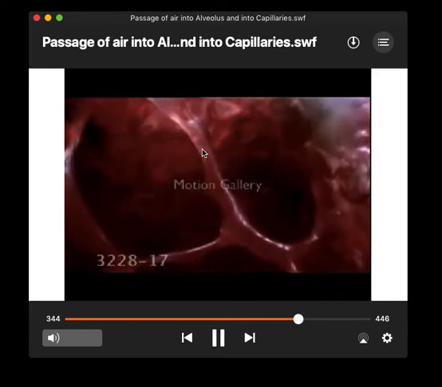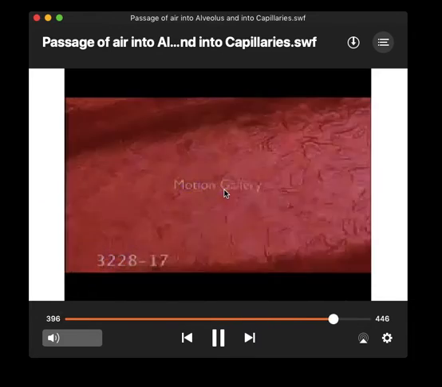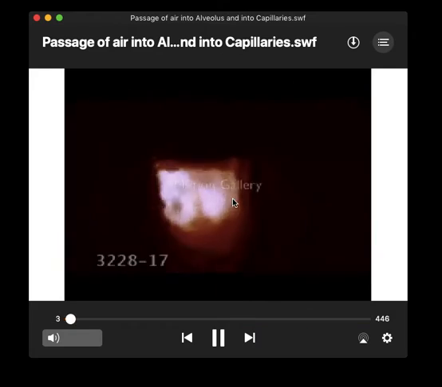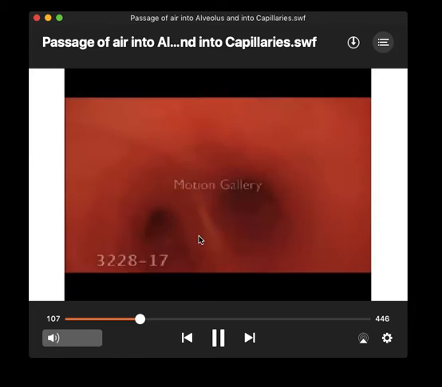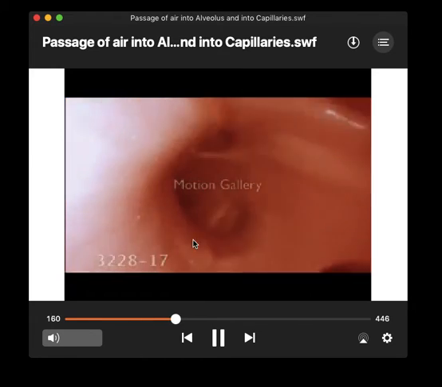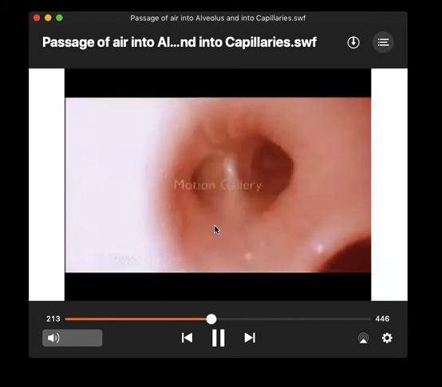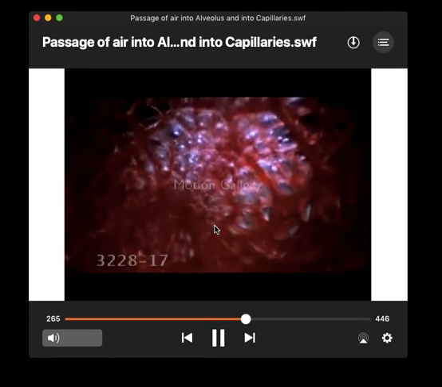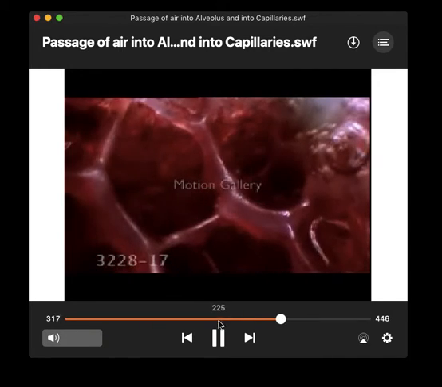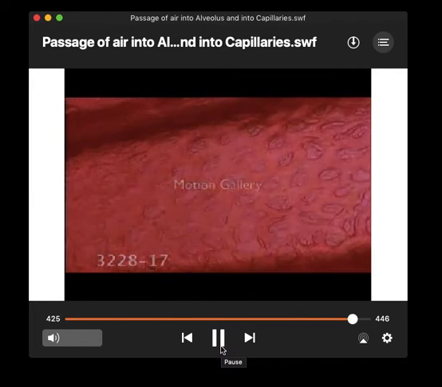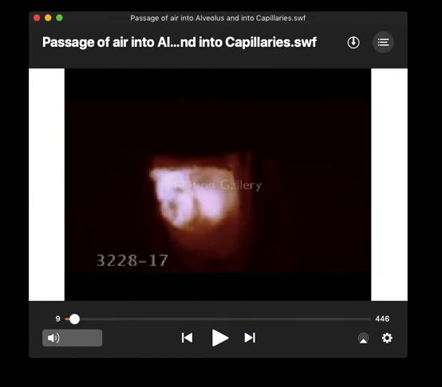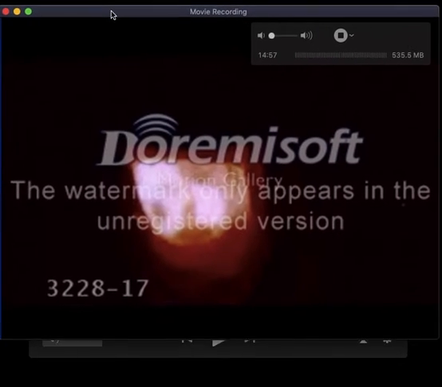So there's vessels, they're 1 cell thick, and this is where the gas exchange is going to occur. So again, it's going to replay for you, and as it goes through, you can see the walls are really, really moist, and they're very, very smooth, and the pathway is getting smaller all of the time, because you want to be at that 1 cell thick level such that oxygen can go into your blood and carbon dioxide can go out.